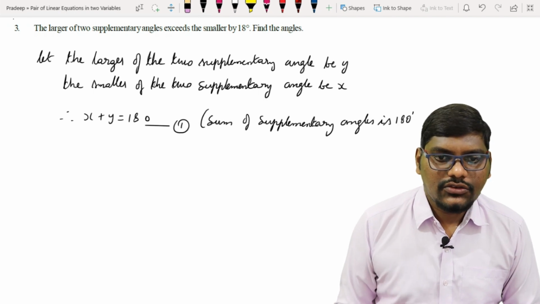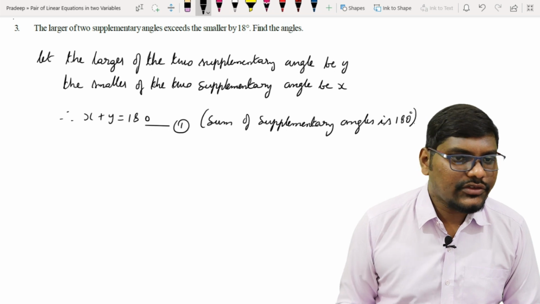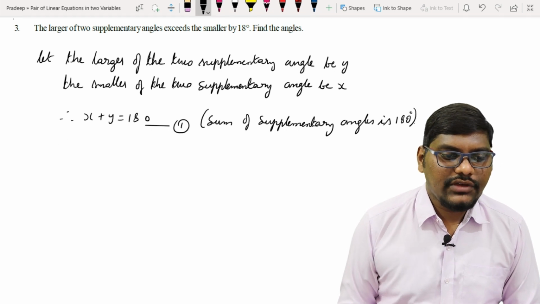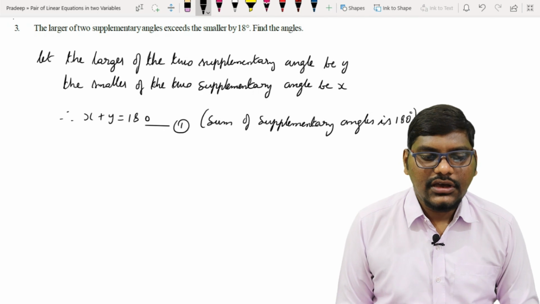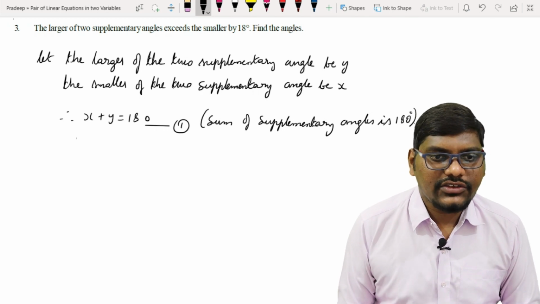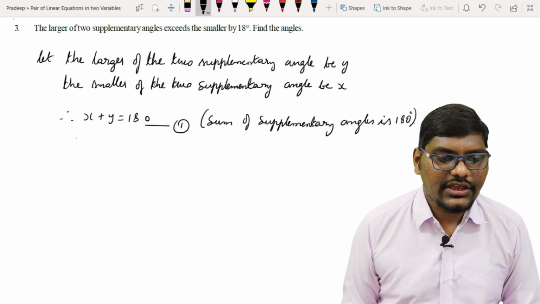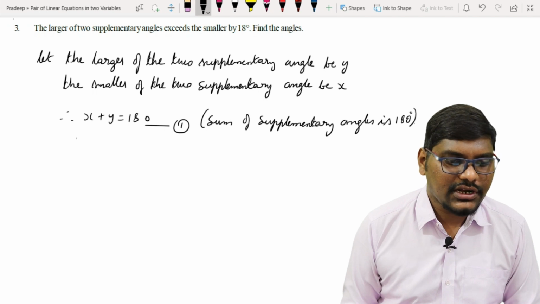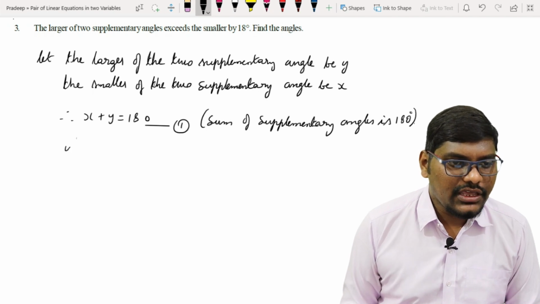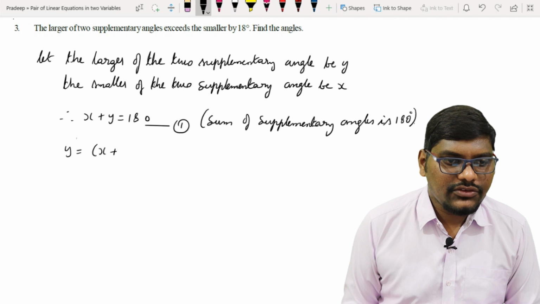Okay, so this is the first thing which was given. Now the larger is exceeding the smaller by 18, so using this particular condition, I can write this as y equal to x plus 18.